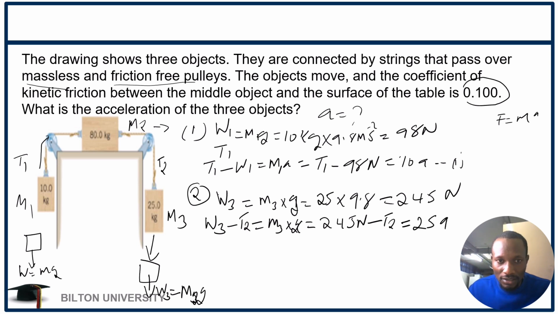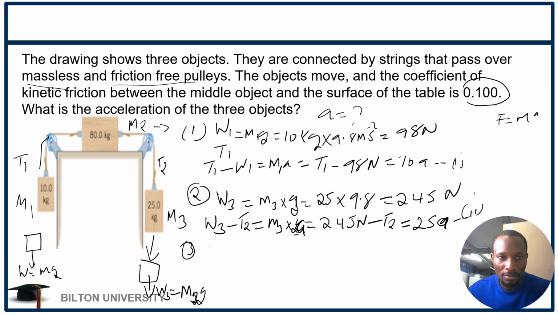Sorry, this is a and not g, the acceleration. This is going to be our second equation. So now, after looking at this, we can check the forces acting on M2, and that's the third thing.